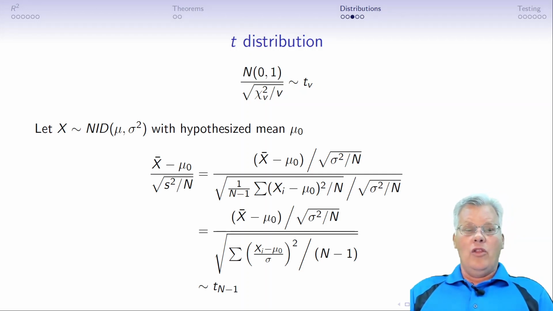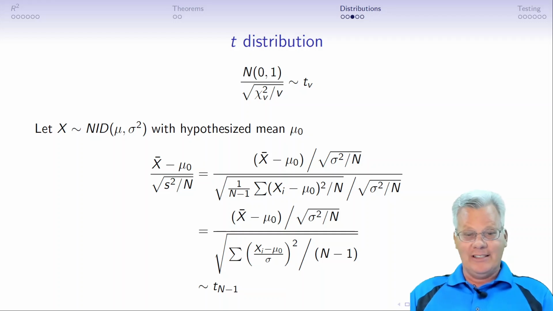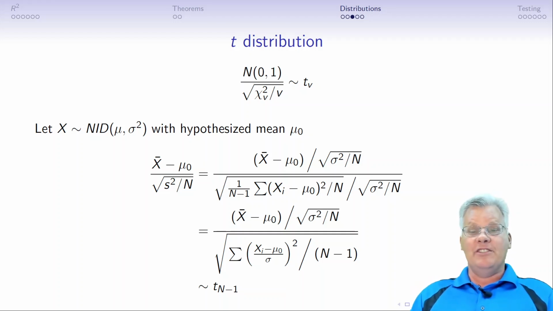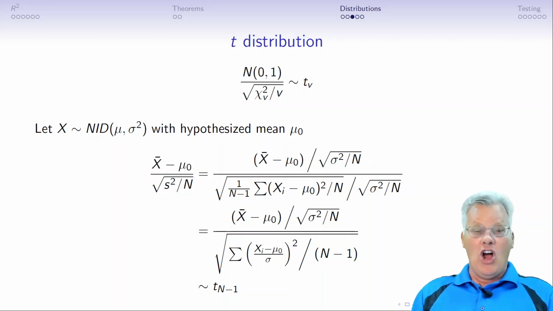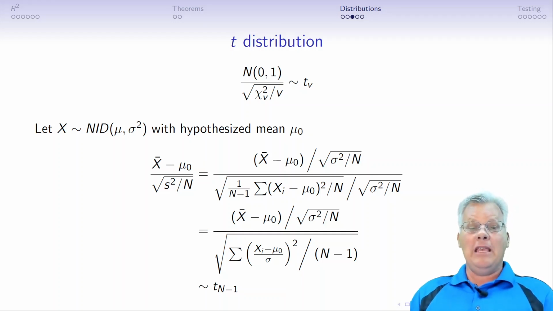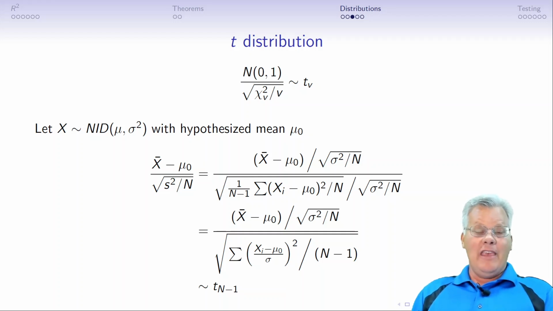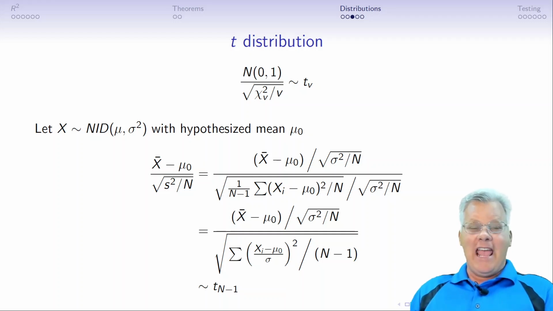So, a simple first application, if x is normally and identically distributed with mean mu and variance sigma squared, and we have some hypothesized mean of mu sub 0, what I could say then is if I drew a sample with n observations and computed the sample mean minus the hypothesized mean divided by the estimated standard deviation.